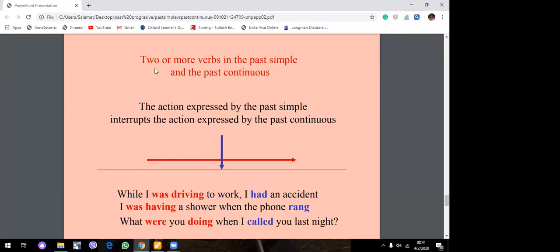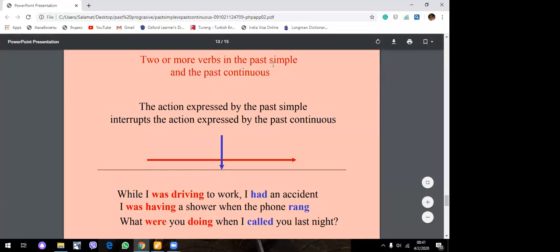If we use two and more verbs in the past simple and the past continuous tense, if we're talking about the two different actions, we use past simple and the past continuous.